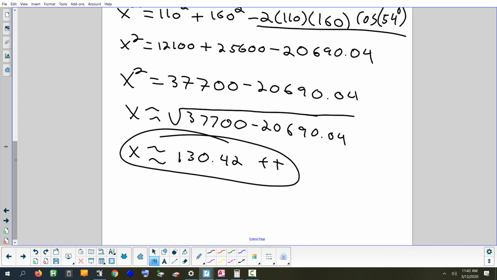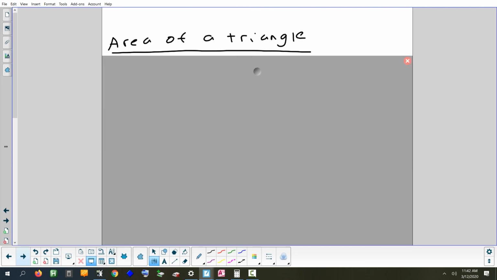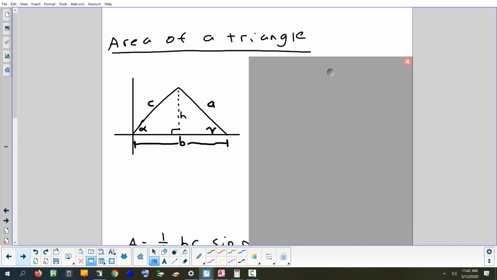Any questions on that? Okay, now we'll look at the last thing, which I had jumped a little bit ahead to: the area of a triangle. I'm going to show you two ways to find the area of a triangle, besides the way you already know.